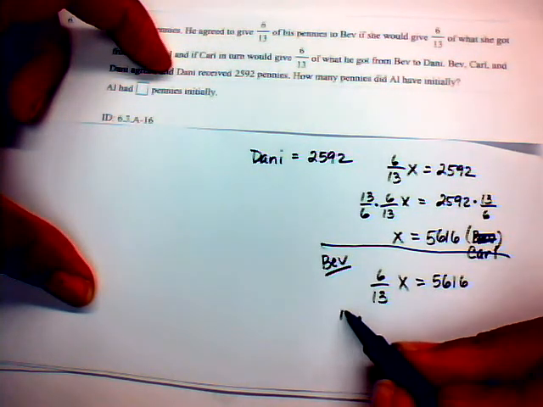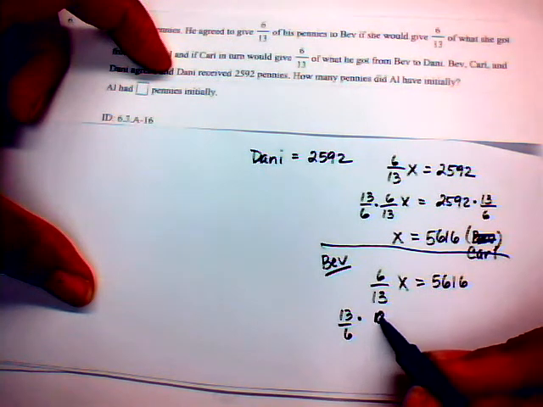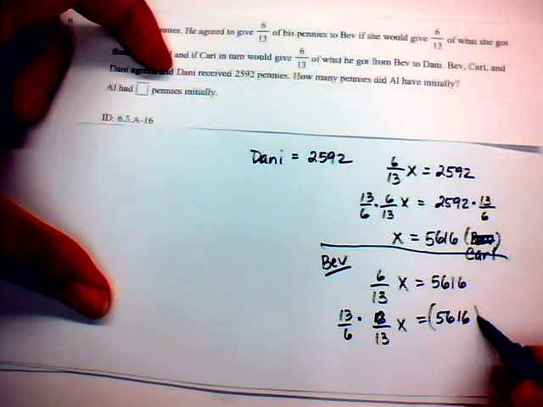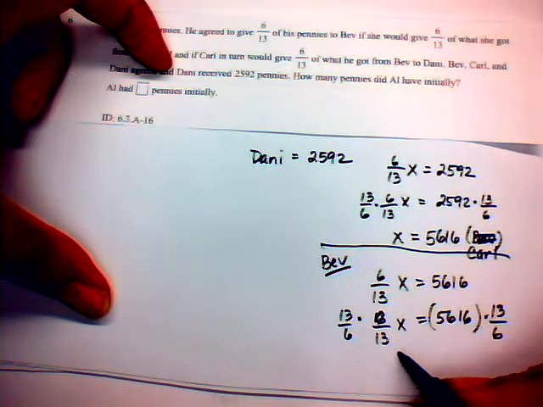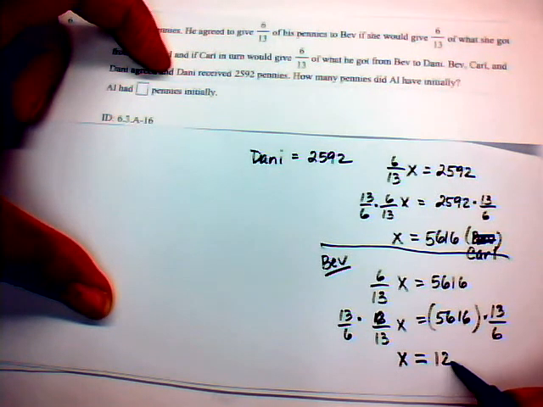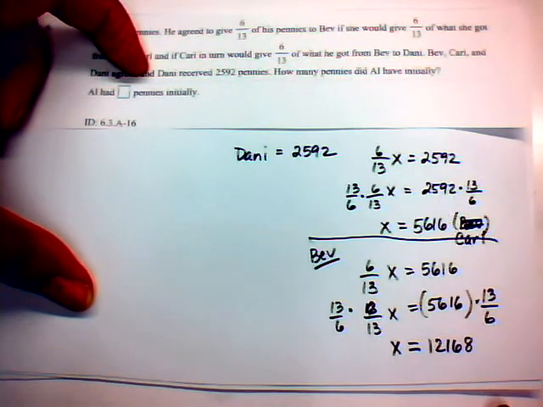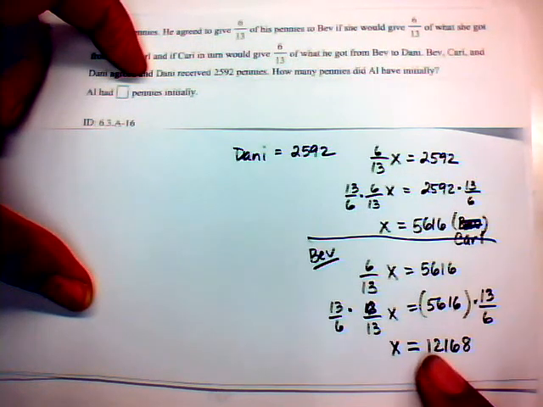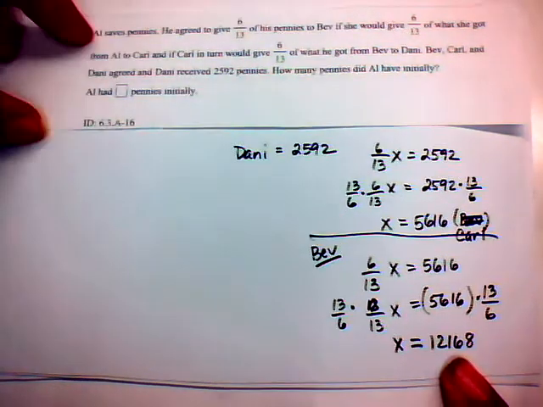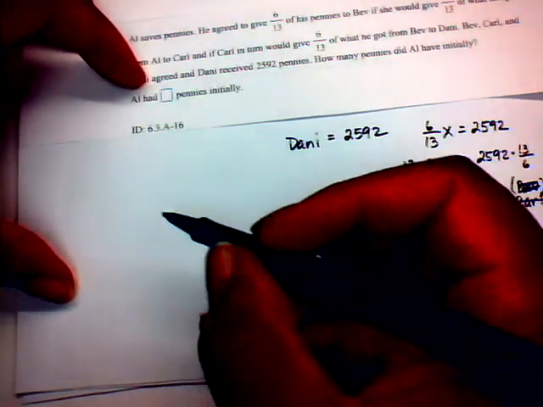And then we multiply by 13 over 6 again on both sides. So that means that x is equal to 5616 times 13 divided by 6. That's going to be 12,168. So Bev received 12,168 of those pennies.